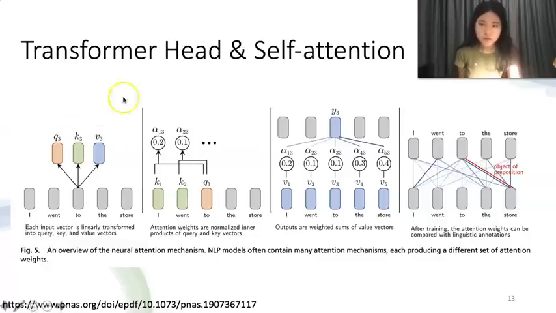So let's start from the leftmost figure. For example, you have your input raw text, "I went to the store," and currently we're looking at the token "to". I just mentioned to you that each word or token, like this word "to", is converted to its input embeddings. But now let's think that each word can have its attributes. This "to" can have 3 different attributes called query, key, and value.